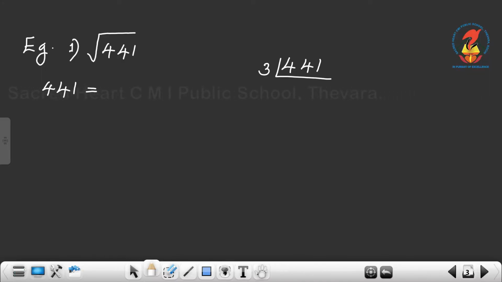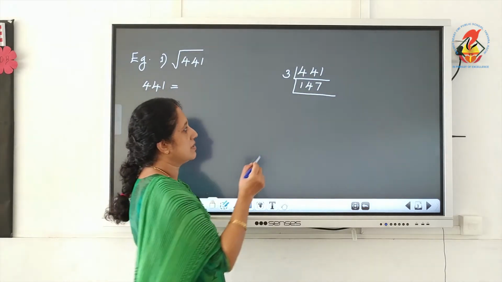So you have to remember that divisibility test, whether 441 is divisible by 3. And here we can see 3 ones are 3, then 3 fours are 12, 147. Then 147 we can do with which one? 7.